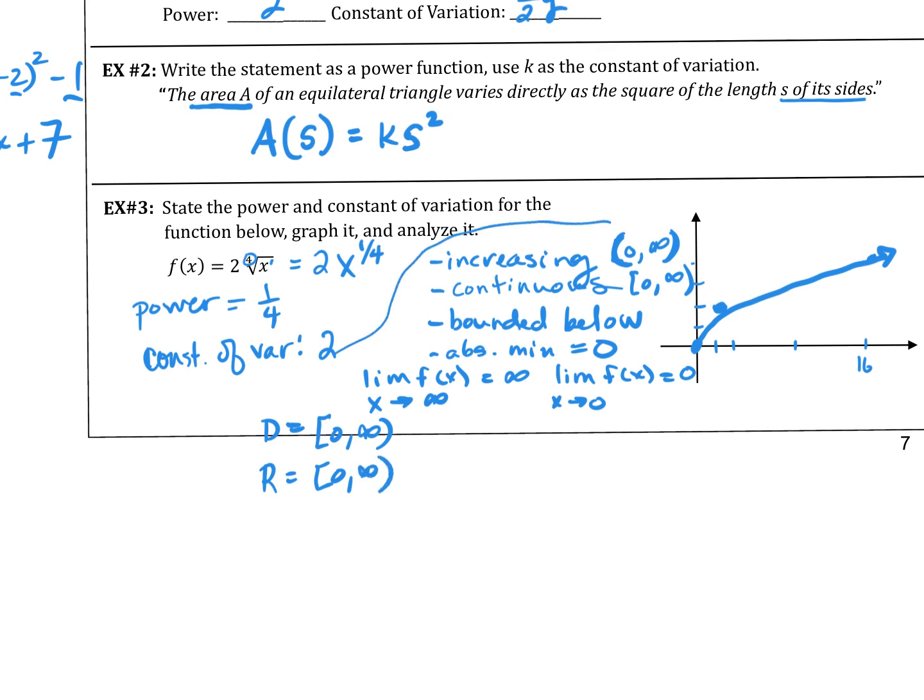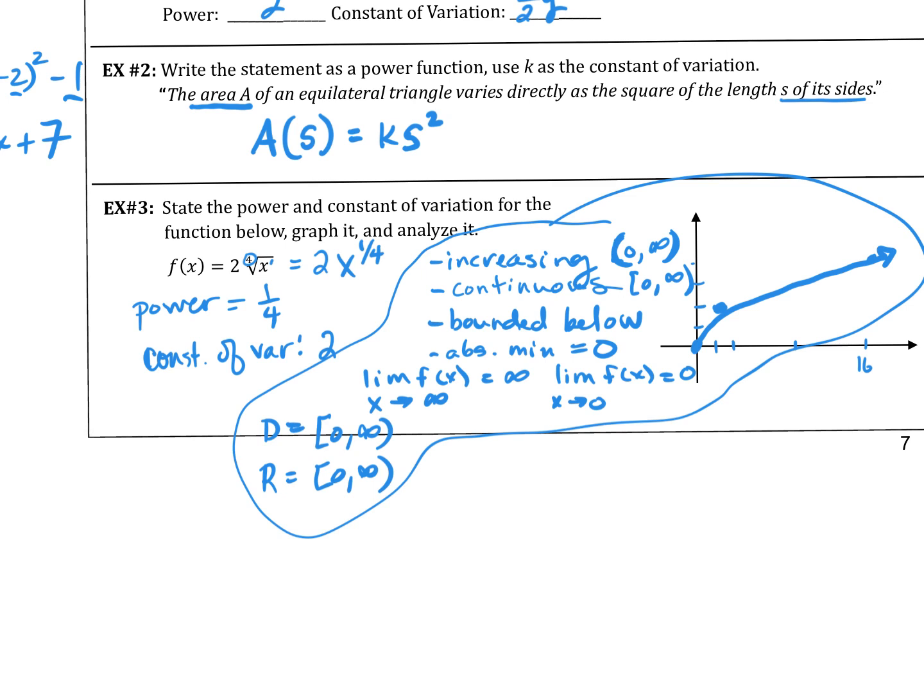This is all the stuff that you need when you analyze something, okay? Is it increasing or decreasing? Where is it increasing or decreasing? Is it continuous? Is it bounded? Does it have any minimums or maximums? What is its end behavior? What's its domain and range? Does it have a y-intercept? Yeah, what's the y-intercept? 0.